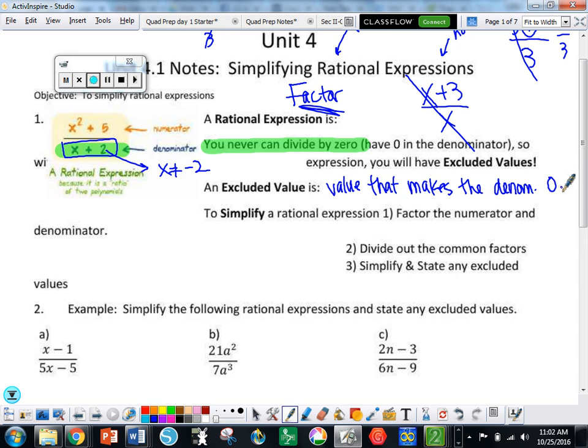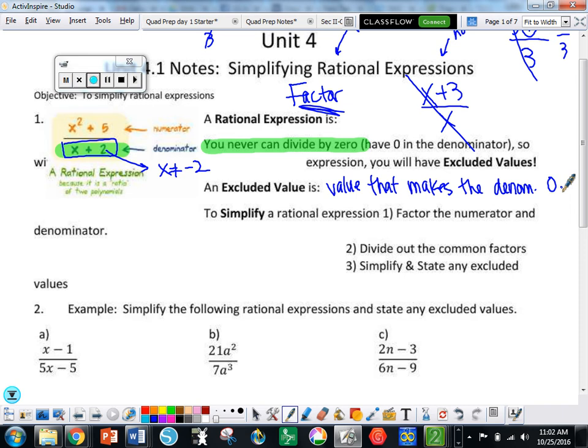That's not the full definition of an excluded value. Square roots are going to have excluded values because square roots can't be what? Negative. In the real number system, square roots can't be negative. So a square root would have excluded values. But in this case, when we're dealing with rational expressions, that's all we have to worry about.